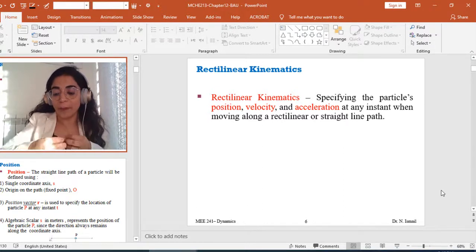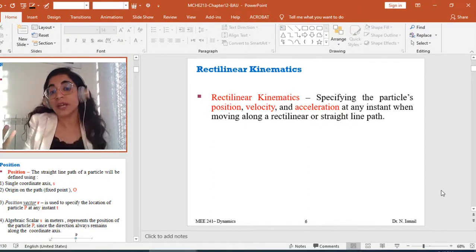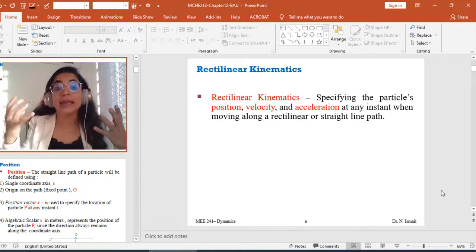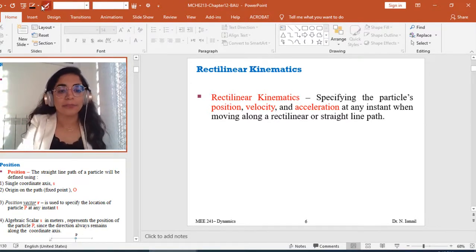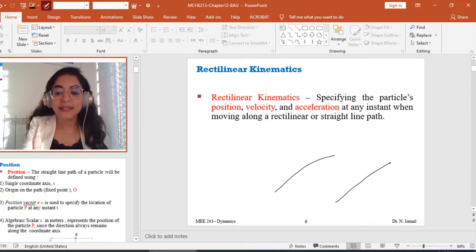The path of this particle is straight, which means it could be horizontal, it could be vertical, and it could also be oblique. So if I have this motion, for example, this is not a rectilinear motion. However, if I have a straight line, then this is a rectilinear motion.